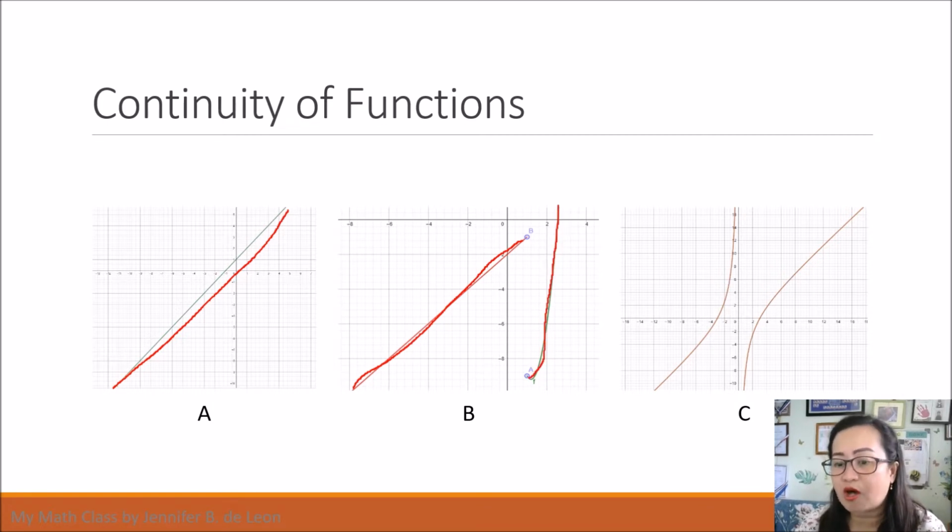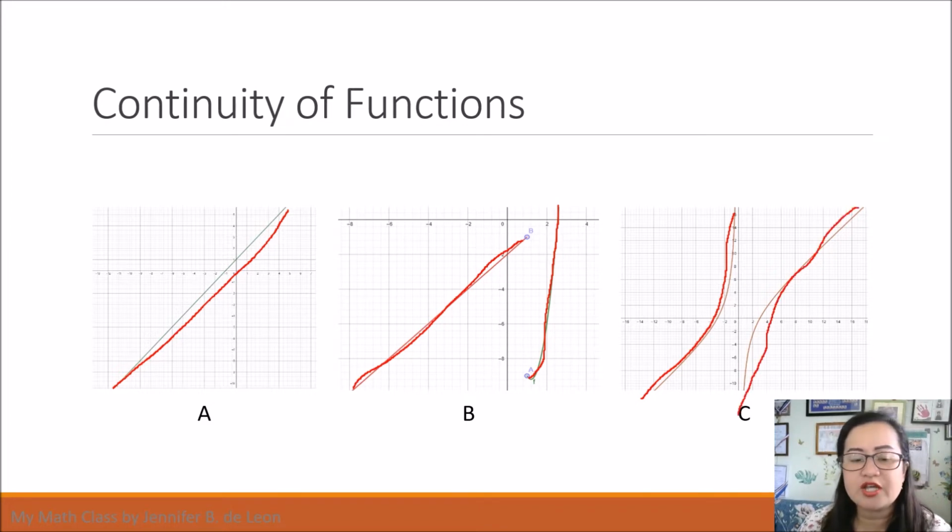The same with option C, wherein we also need to lift our pen in order to trace the other portion of the graph. So hence, only the graph illustrated in A shows continuity of functions.